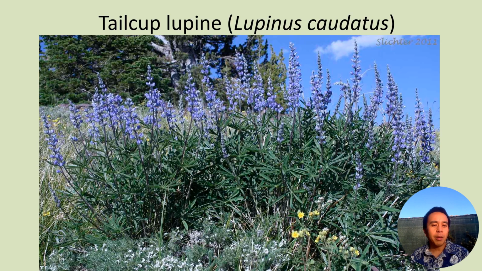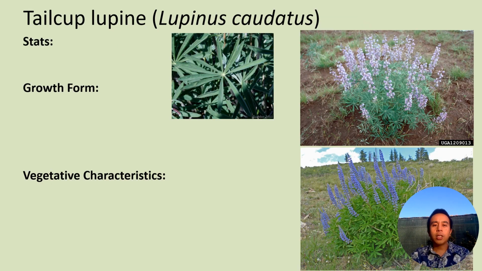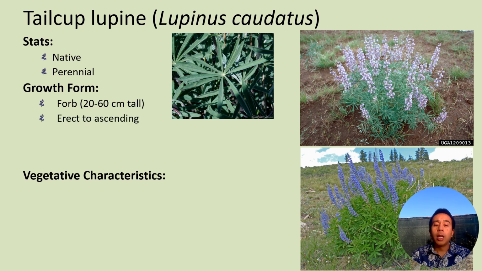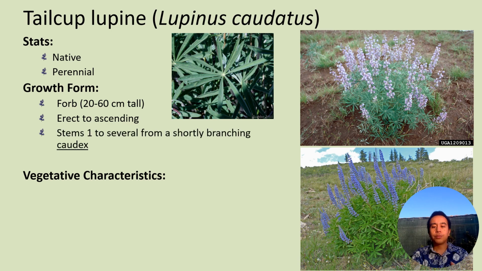So next, we're going to be talking about tail cup lupin or Lupinus caudatus. Tail cup lupin is another native perennial species, and it also grows as a forb, a little bit taller, 20 to 60 centimeters tall, and often grows erect to ascending, so essentially straight up.